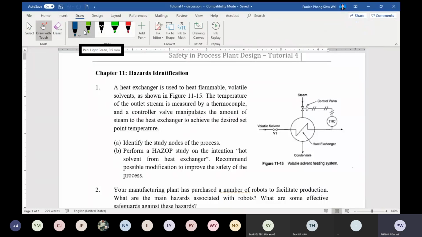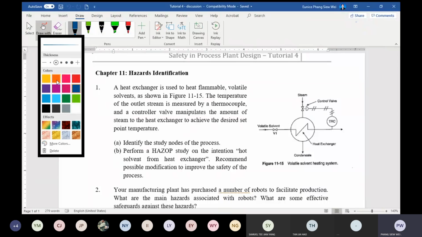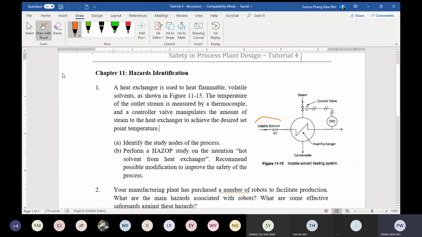Okay, so this is the solvent, and we are to talk about heating up this solvent. It is flammable and volatile, meaning if we overheat it, this might cause runaway reactions. This might cause buildup of pressure and then an explosion.